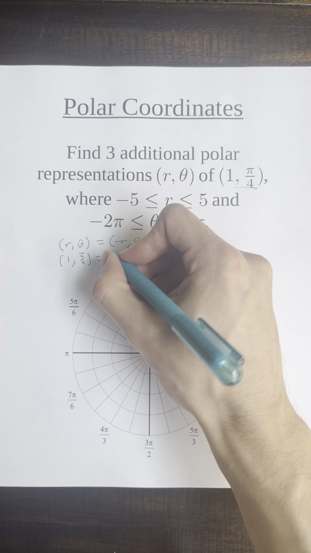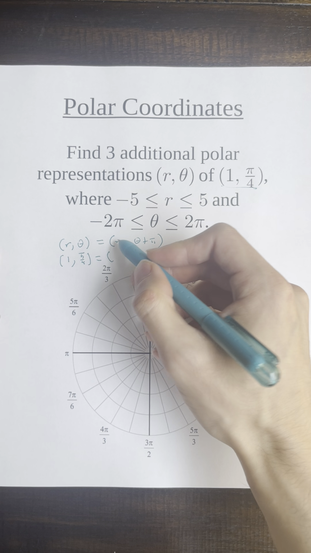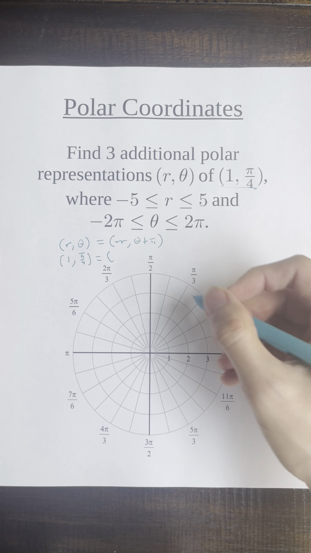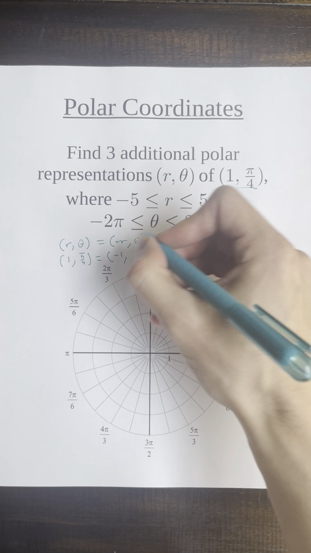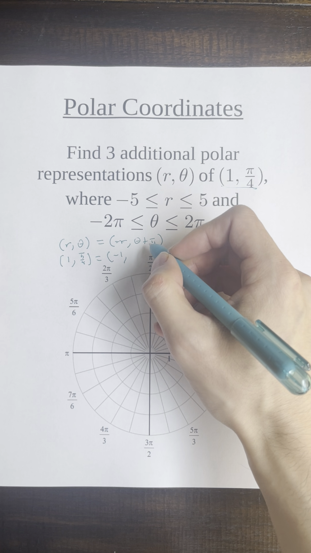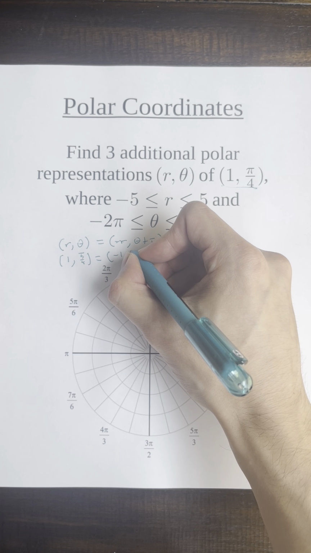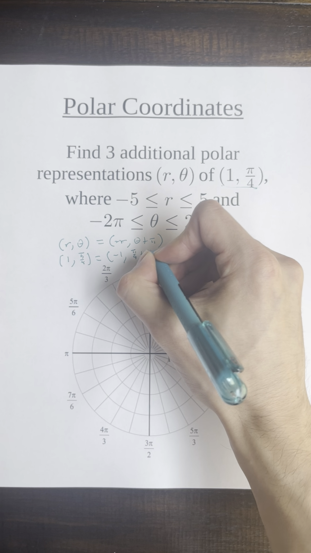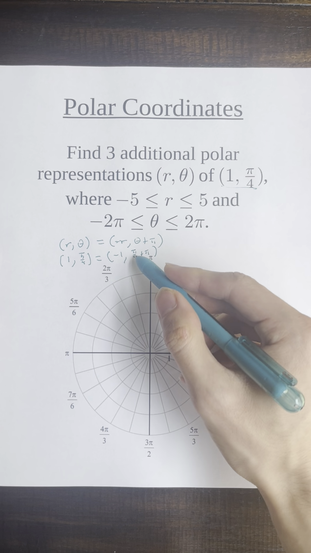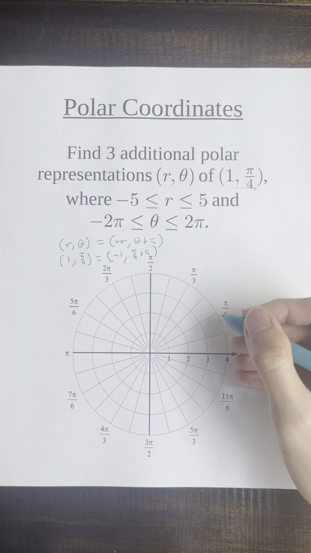Okay, and that's going to be negative r. So negative how much? Negative 1. And then theta plus pi. So pi over 4 plus pi. Now what's pi over 4 plus pi?